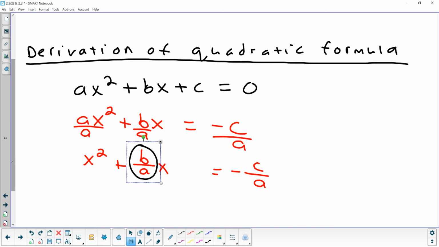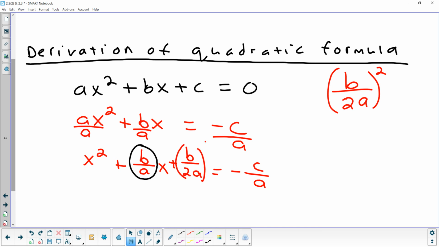You take half of it, then square it. So if b over a is our original, b over 2a represents half, and you square it. That's what we need to add on both sides. Plus b over 2a squared, and plus b over 2a squared.